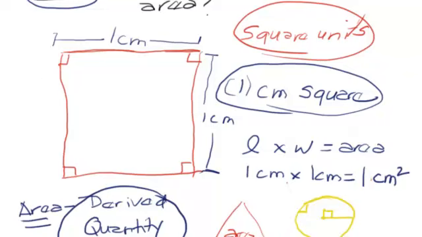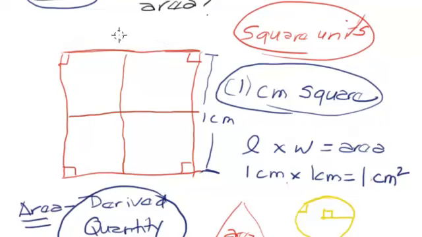But we can also go back to our square and say, well, if we divided this up like this, and instead of this whole side being 1 unit, now I'm going to say something different. I'm going to say that each one of these squares is 1 centimeter.